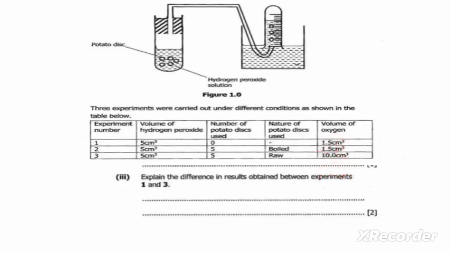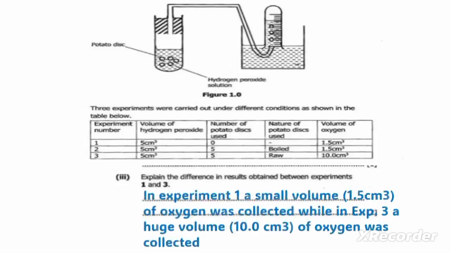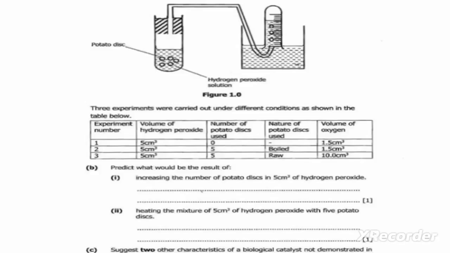A huge volume of oxygen was collected in experiment 3, then a small volume of oxygen was collected in experiment 1. So we have seen the difference.